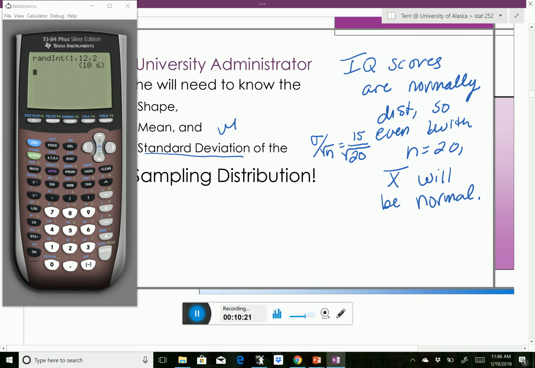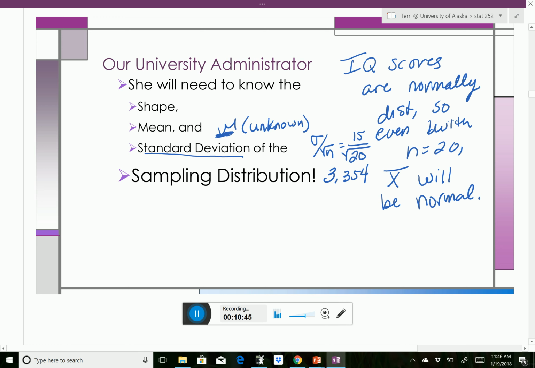I want to point out that we do not know this answer. Our mu is unknown because this is what we're trying to figure out. So 15 divided by square root of 20 is equal to 3.354.